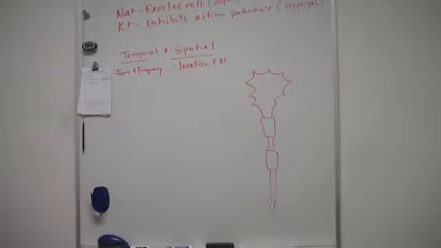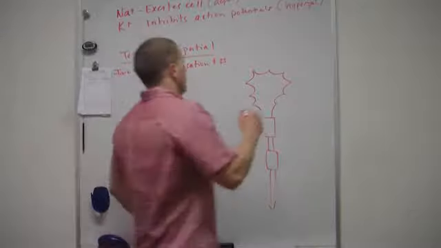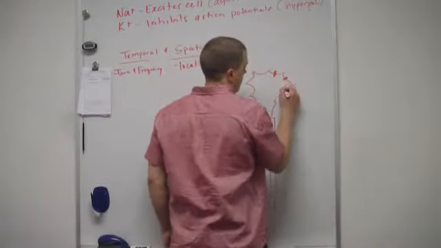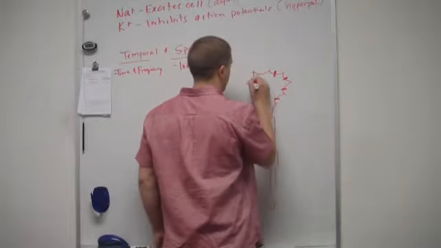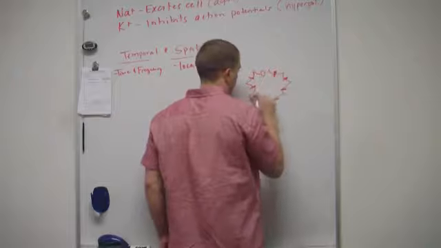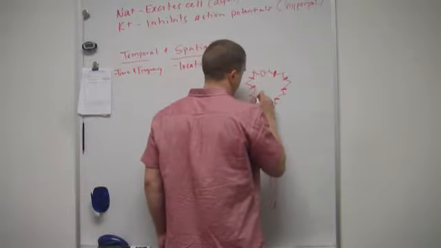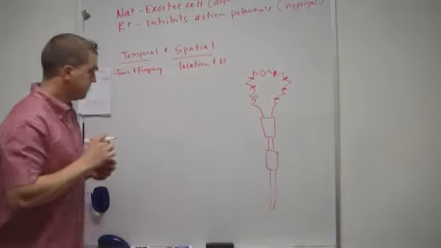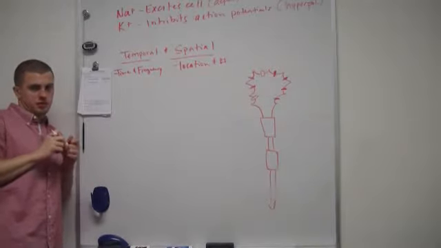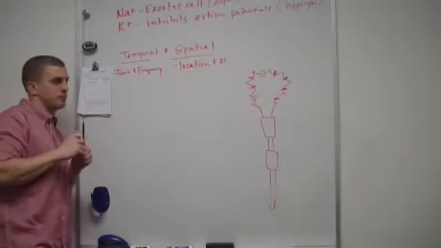Okay, for temporal, you're going to have a whole bunch of different receptors out here on the soma. And I'm going to draw different receptors too. Let me know if I'm going too quick. We good? Wait, what did you just draw?